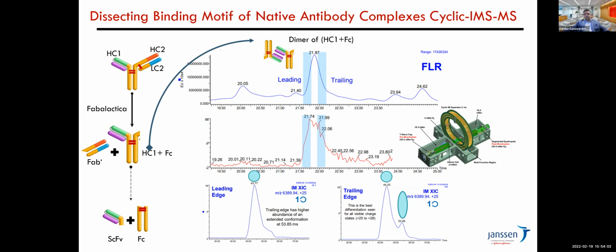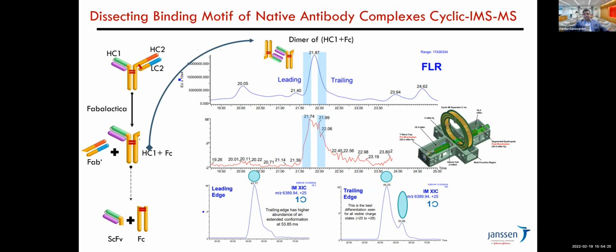This is what we see when we run SEC-MS. The top is a fluorescence trace of the chromatographic separation of the dimer of the heavy chain 1 plus the Fc fragment. If we now look at the leading and the trailing edge of this peak and run through an ion mobility technique known as cyclic IMS, you can actually get structural information from the mobilograms.